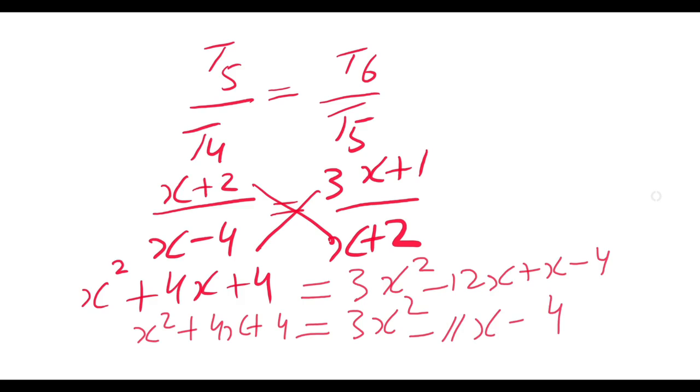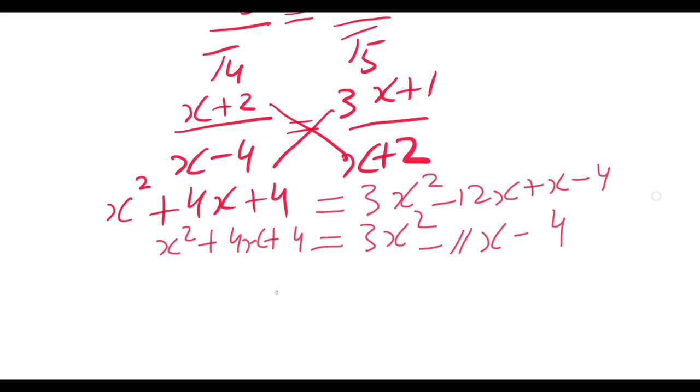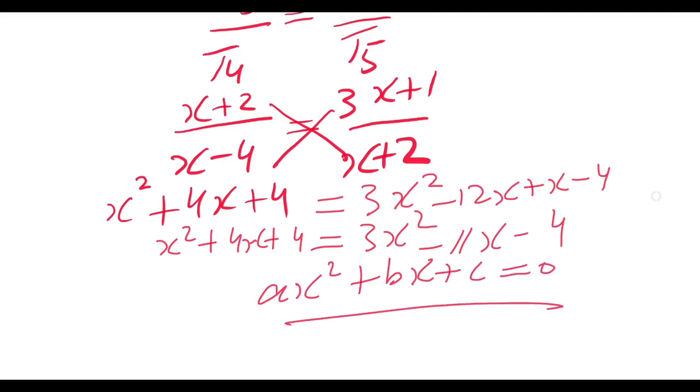Now rearrange the terms into the standard quadratic equation form, ax² + bx + c = 0. We need to set up the equation into standard form.